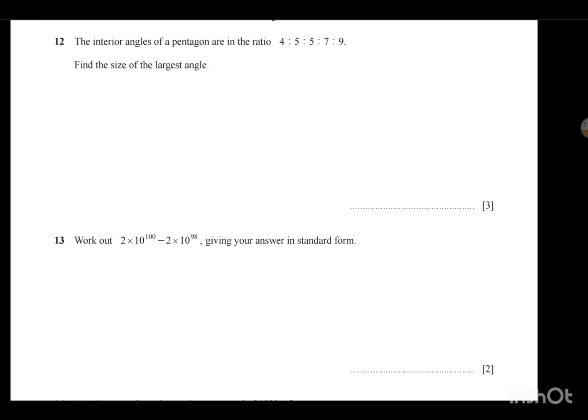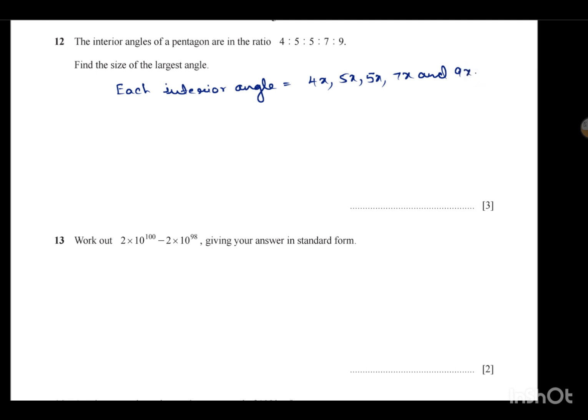So the interior angles can be taken as 4x, 5x, 5x, 7x and 9x.